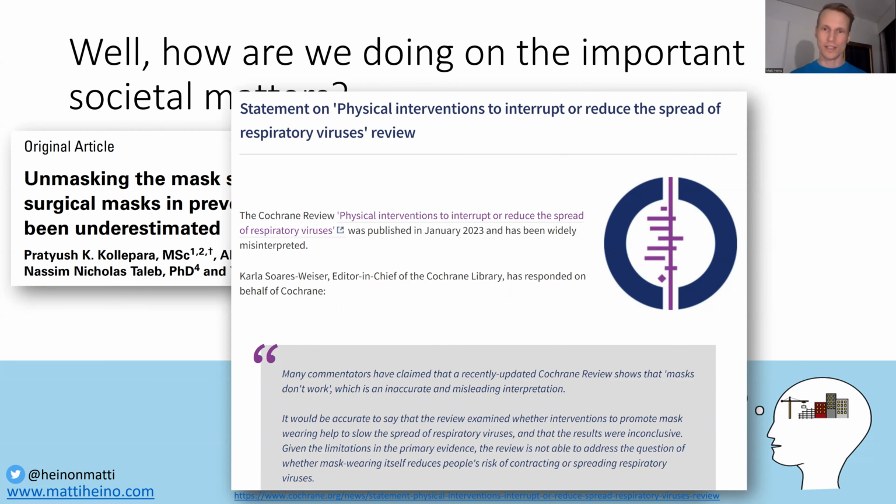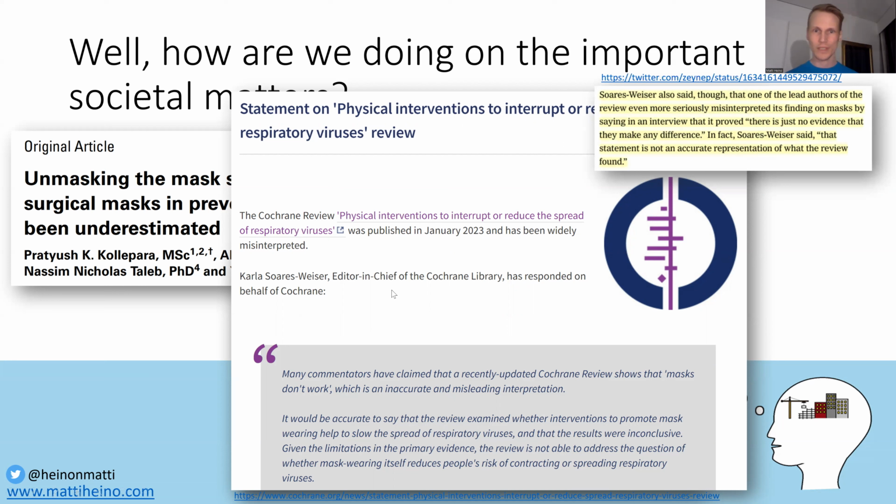Their meta-analysis was so biased that the editor-in-chief had to intervene and apologize for how this Cochrane review, which showed that masks don't work, was presented, because the people making these claims had not represented the evidence correctly.